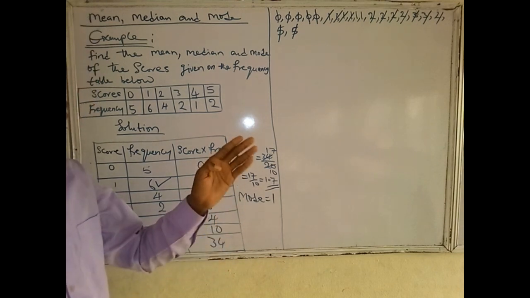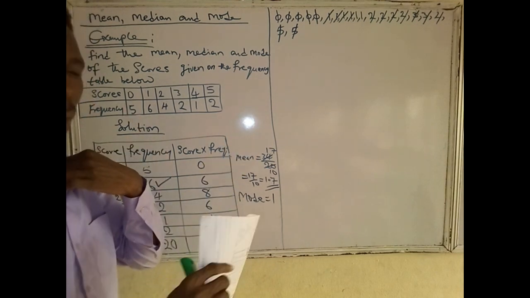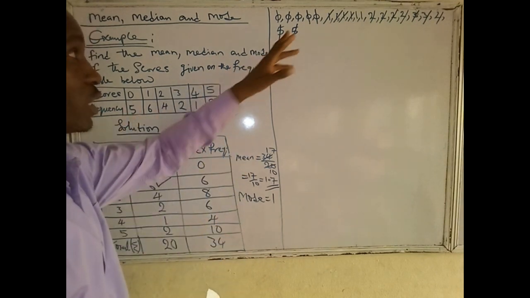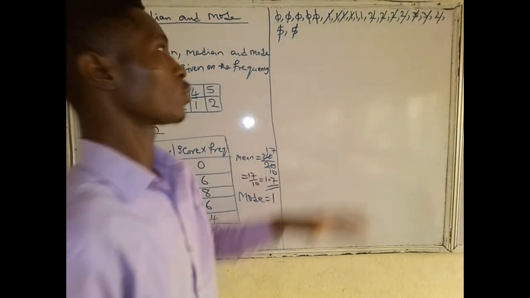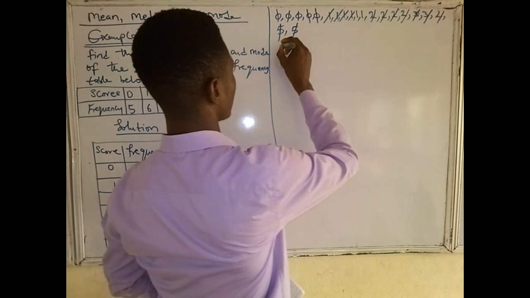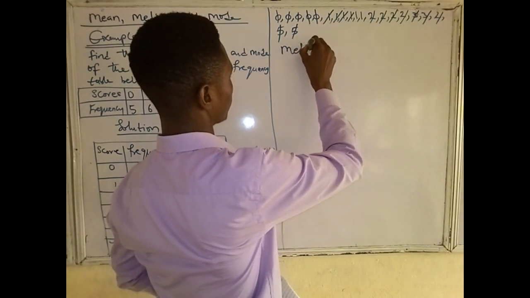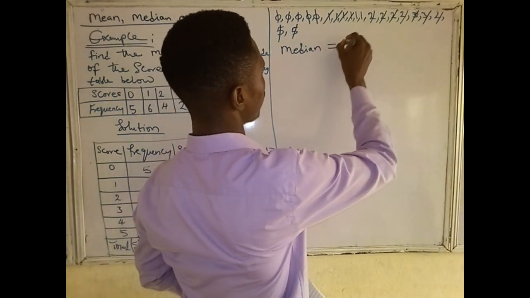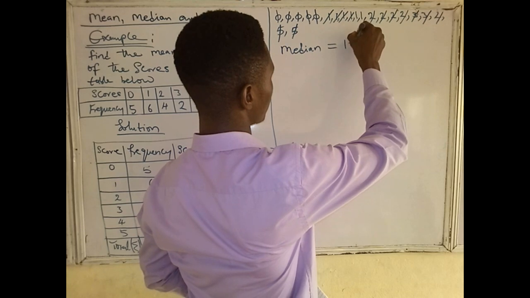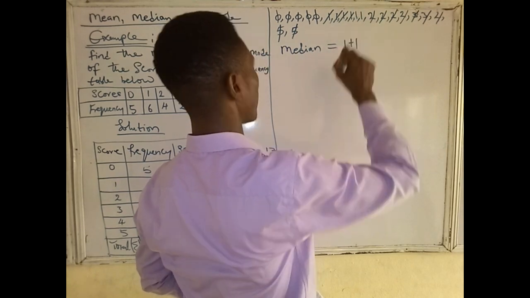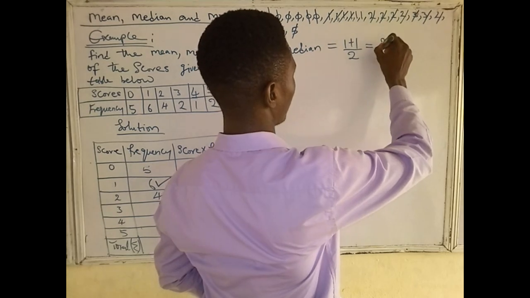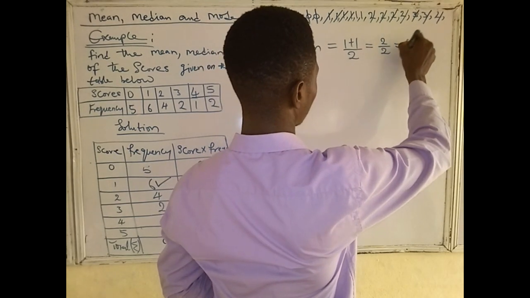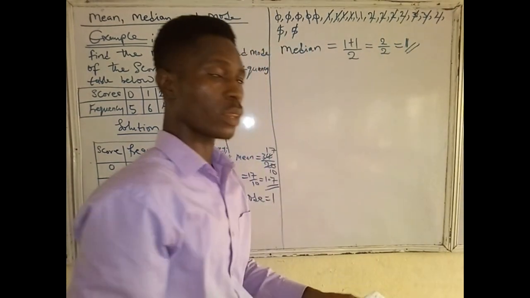But once it is odd, it's definitely going to be 1, which you don't need division. But for this, it is even, so we have 2. So we now say median equals 1 plus 1, that is this one we have here, over 2. So this is going to give us 2 over 2, which is 1. So that's the middle number.